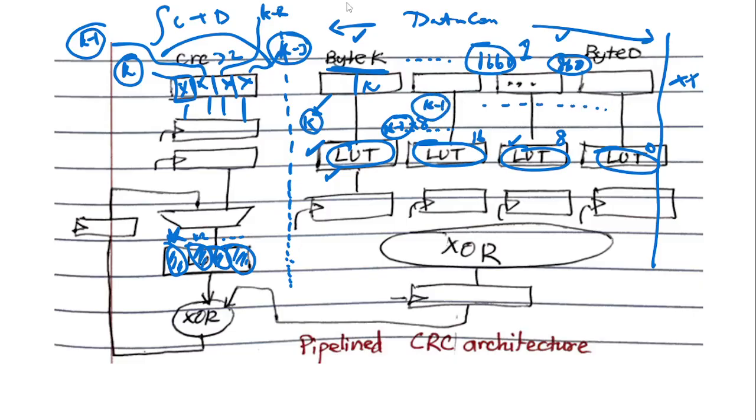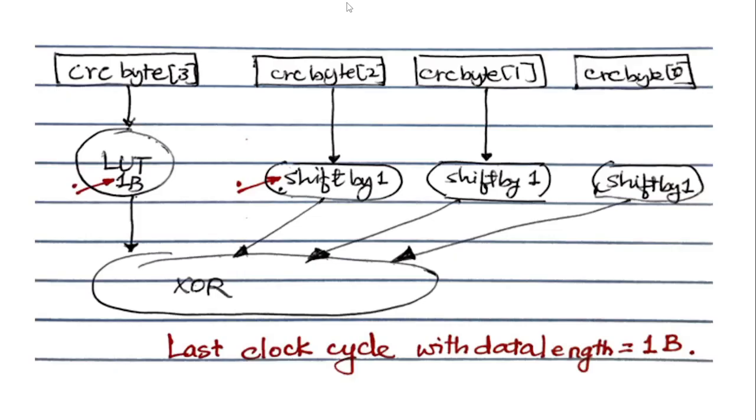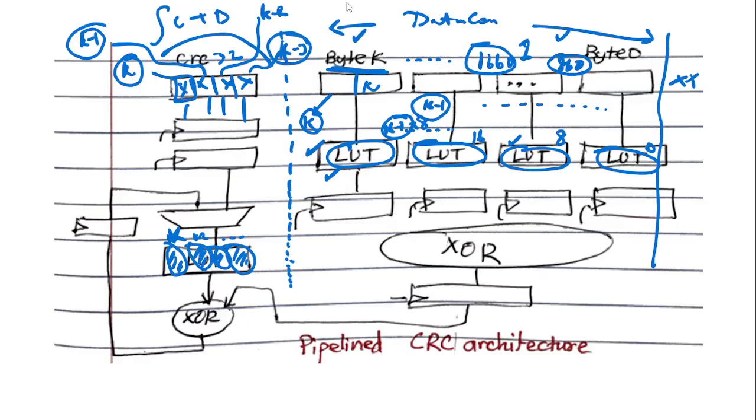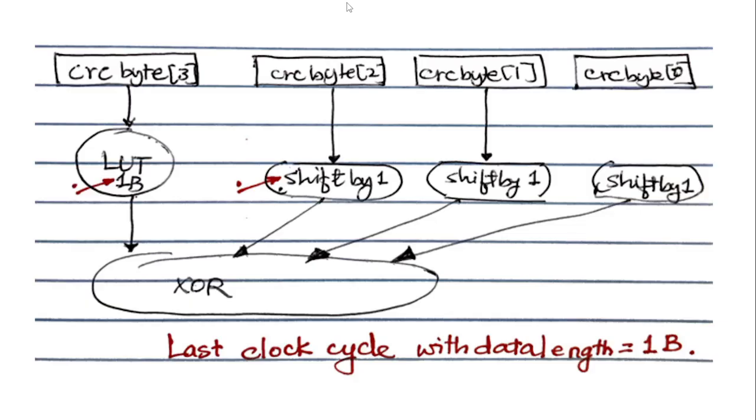So for the most part, this is true, except there's going to be one quick thing. In the last clock cycle, it's not going to work like that, because all these words are full words. The last clock cycle is different, because it has a different number of bytes. Now I'm going to show the CRC part. So one quick word on CRC: if the last clock cycle only has 1 byte, then the topmost byte of CRC will evolve by 1 byte.